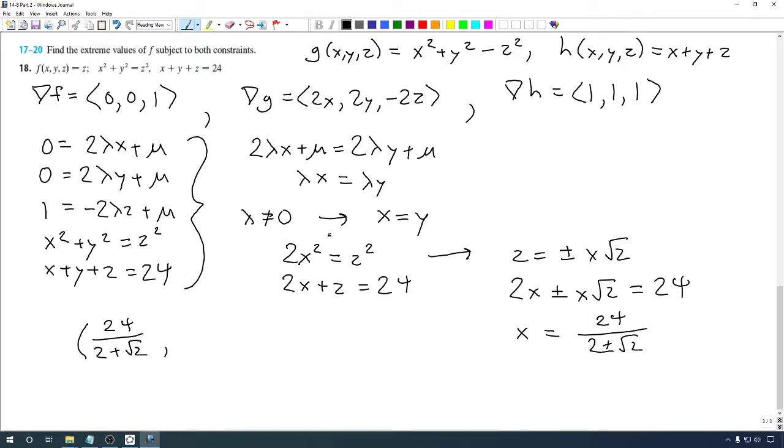Of course, that's our x value, and our y is equal to x, so it's the same thing for our y value. z is going to be, well, if we have a plus sign here, it's because we had a plus sign here. So we get to multiply this x by a positive square root 2 to get our z value. So we have 24 square root 2 over 2 plus square root 2.